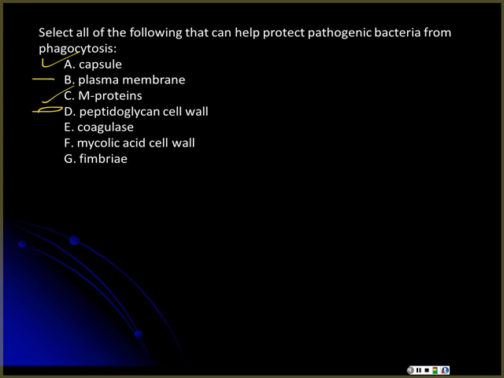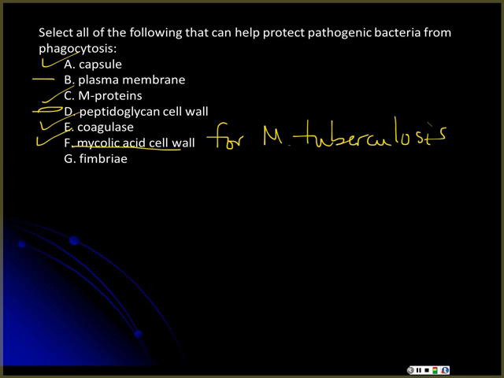It's one of the things they're looking for. Coagulase, yeah, because they can hide out inside a clot. F, that's one of the things the mycolic acid cell wall does for your M. tuberculosis bacteria that have that cell wall. Fimbriae are attachment spikes, so they're probably not really going to shield the bacteria from phagocytosis. They're generally used for attachment somewhere.